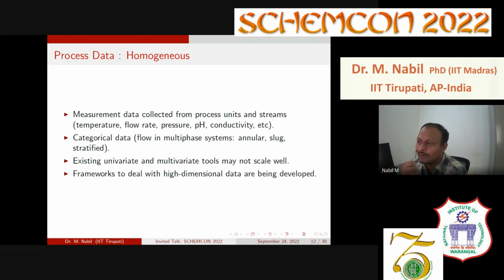One, it could be homogeneous data like temperature and pressure, which are nothing but real numbers. Say temperature to be 215 degrees C, and flow rate to be say 1015 LPM or 15.1 LPM and so on. So these are real data. On the other hand, you also have categorical data.